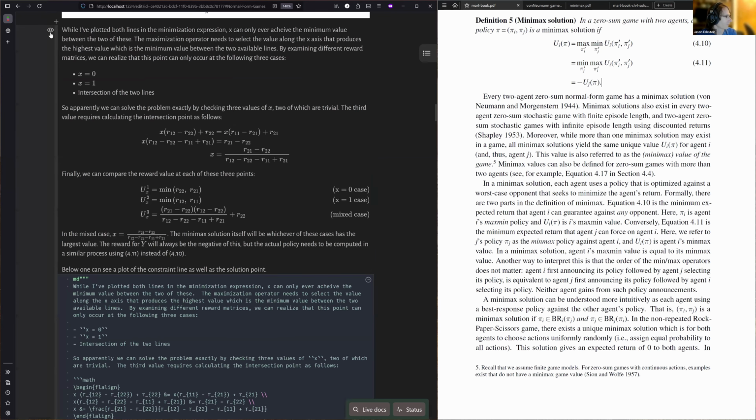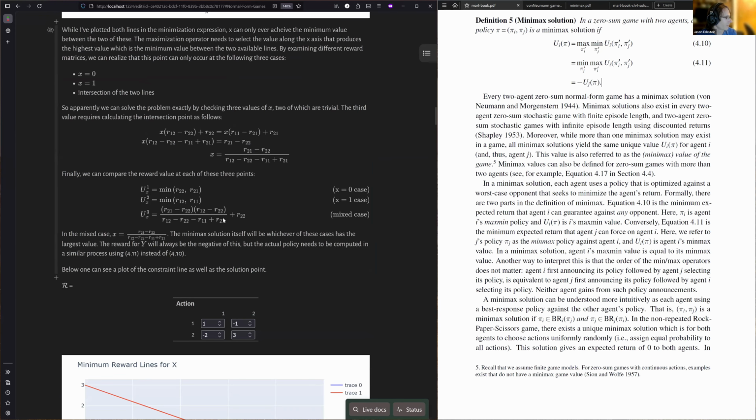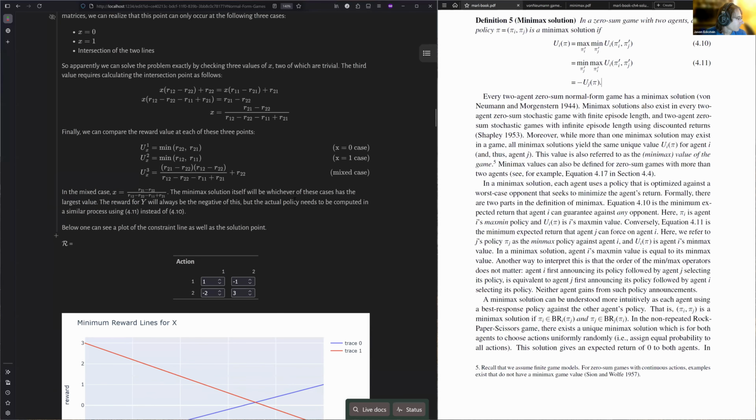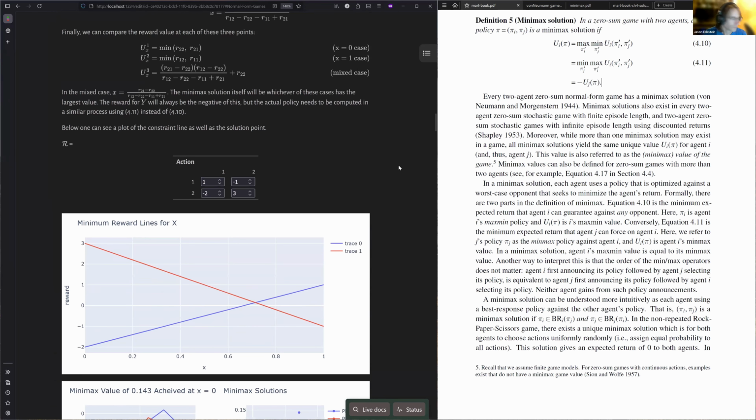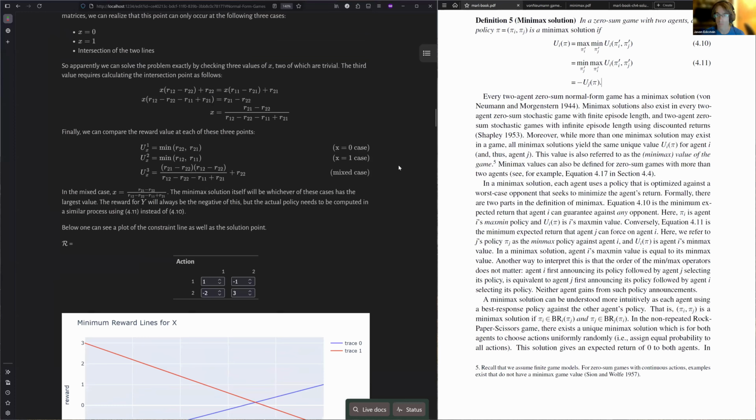Yeah, there we go. So the value should be the same for both because it's the point where the lines intersect. Okay. Yeah, so now we have a pretty concise way of checking this. You could even do this by hand.